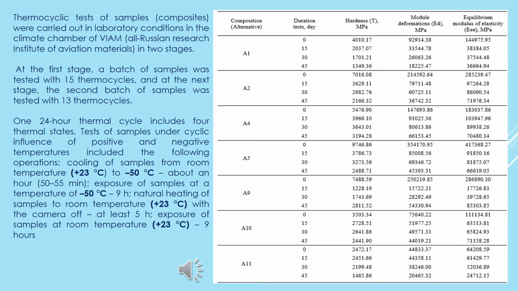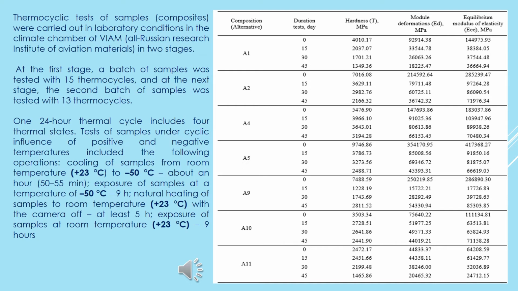One 20-hour thermal cycle includes 4 thermal states. Tests of samples under cyclic influence of positive and negative temperatures included the following operations: cooling of samples from room temperature plus 23 degrees Celsius to minus 50 degrees Celsius, about 50-55 minutes.